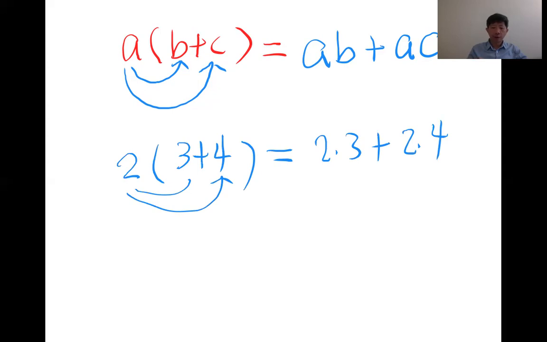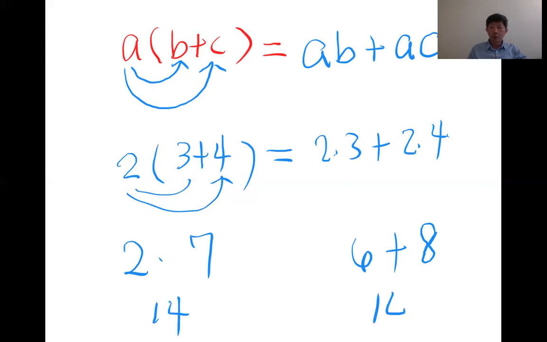I'm going to prove they are equal. If you do the parentheses first, it's 2 times 7. What about the other side? 2 times 3 is 6. 2 times 4 is 8. 2 times 7 is 14. 6 plus 8 is 14. Yes, so we find out they are equal. Therefore, this is true. The distributive property.